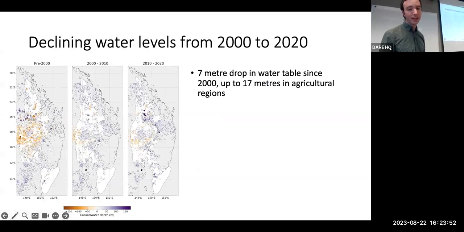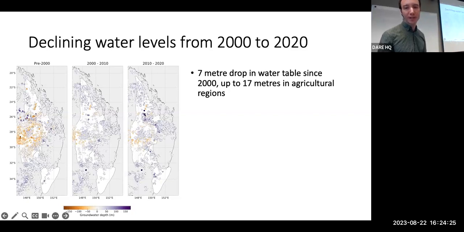One of the interesting things that we looked at within this paper was comparing our groundwater flow velocity estimates for periods before the year 2000, so using data that's before 2000, and then between 2000 and 2010, and then 2010 to 2020. So we're assimilating different discrete time points within our data set.